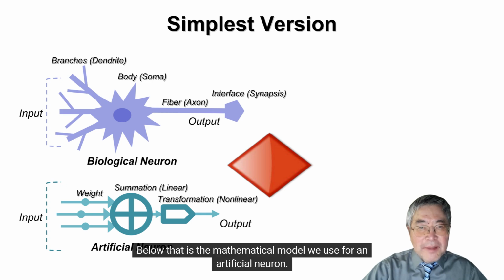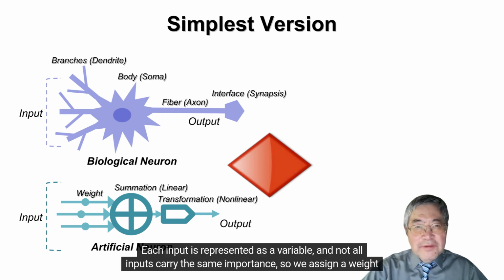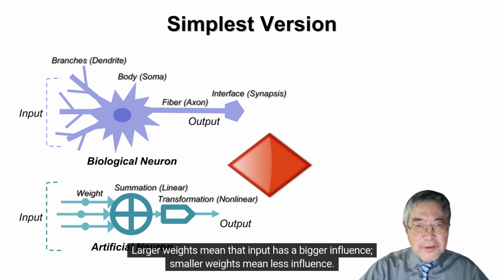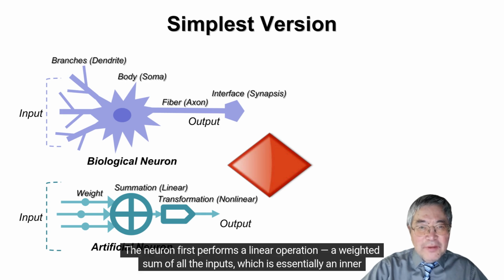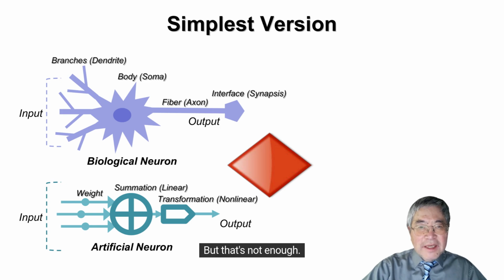Below that is the mathematical model we use for an artificial neuron. Each input is represented as a variable, and not all inputs carry the same importance, so we assign a weight to each one. Larger weights mean that input has a bigger influence, smaller weights mean less influence. The neuron first performs a linear operation, a weighted sum of all the inputs, which is essentially an inner product. But that's not enough.